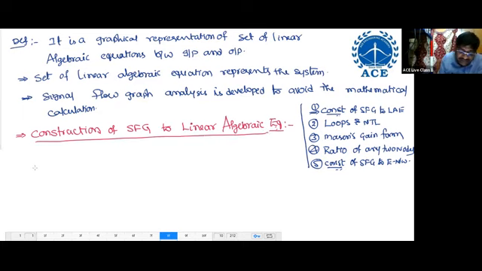Take the first equation, y2 equal to 10 times y1. You draw the signal flow graph to this equation.